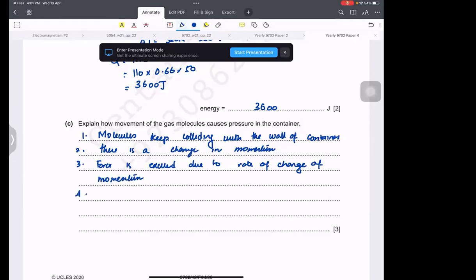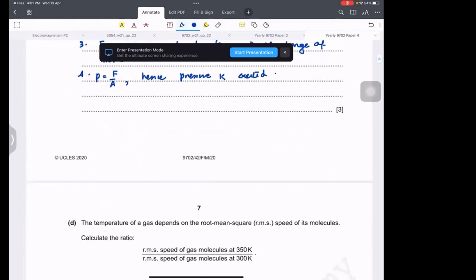And the fourth point should be pressure equals to force over area. Hence, pressure is exerted. Okay. So this should be the ideal answer.